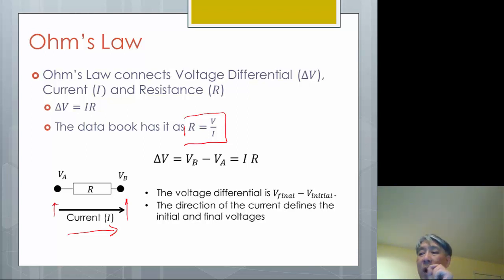Current is the flow of positive charges. Yes, it's the electrons that flow in the opposite direction, but we're going to pretend it's the positive charges, and that's what conventional current is about. Positive charges in this case are flowing from left to right, which means A is at a higher voltage than B, and the voltage drop is basically VB minus VA.